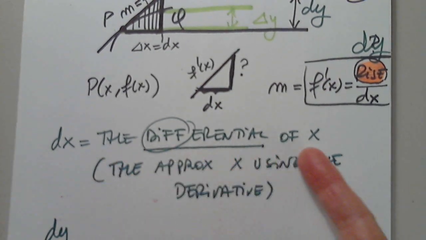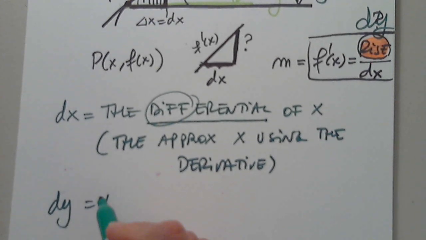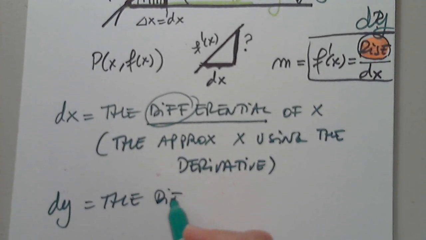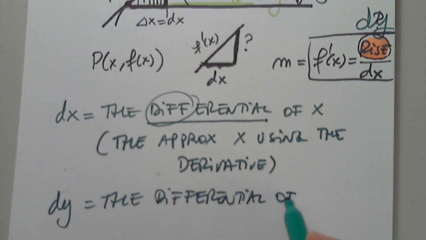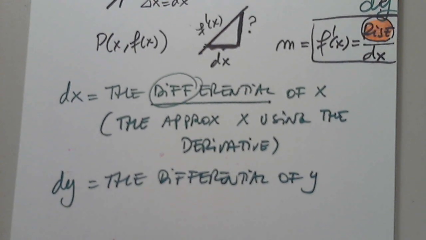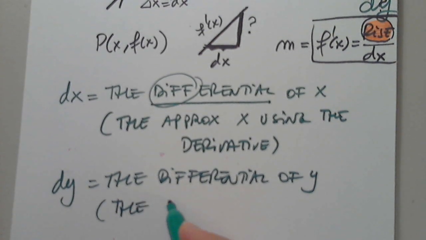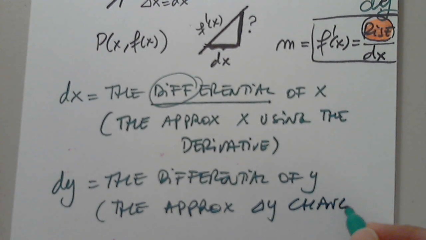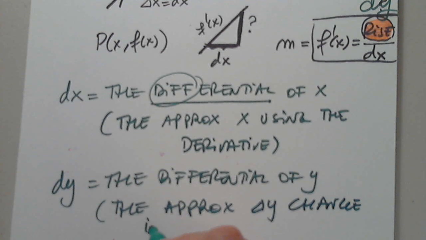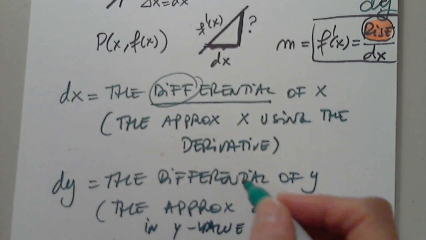Of course, the differential of y. Which is the approximate delta y, the approximate change in y value using the derivative, of course.